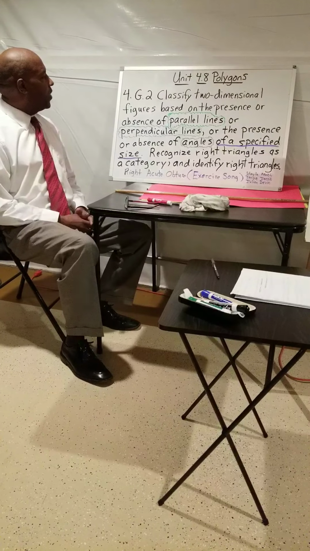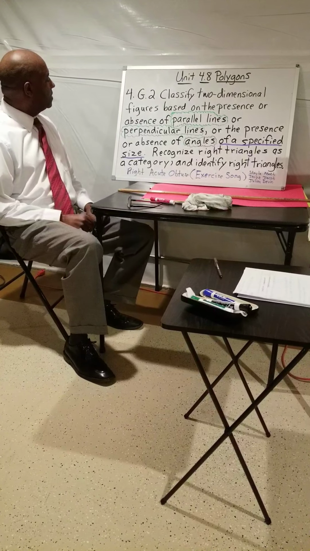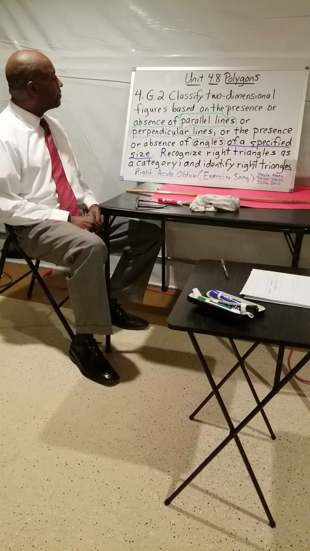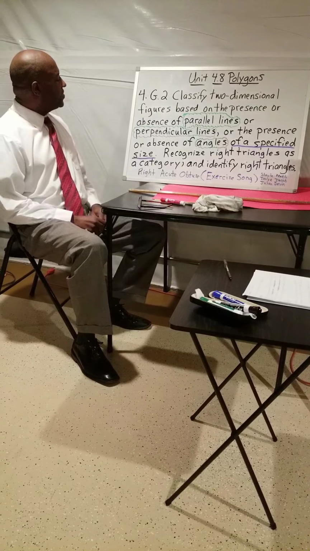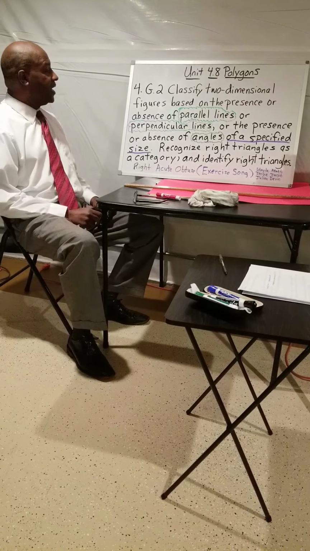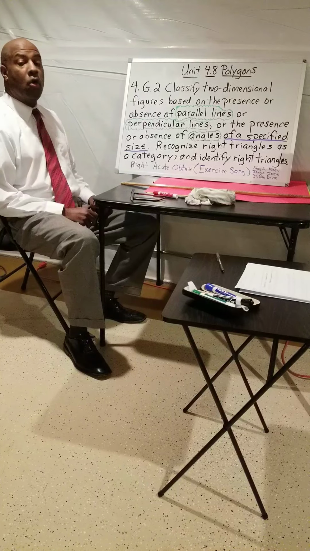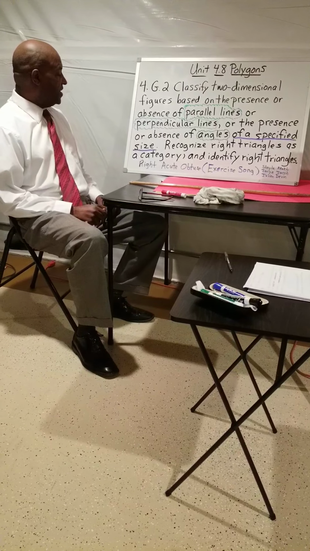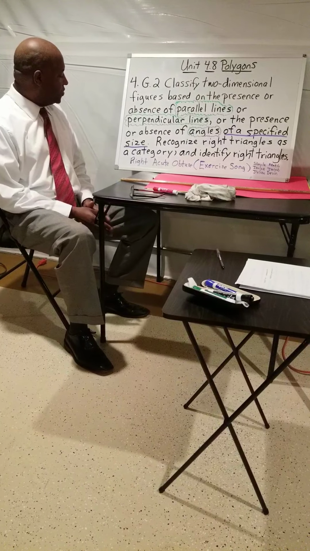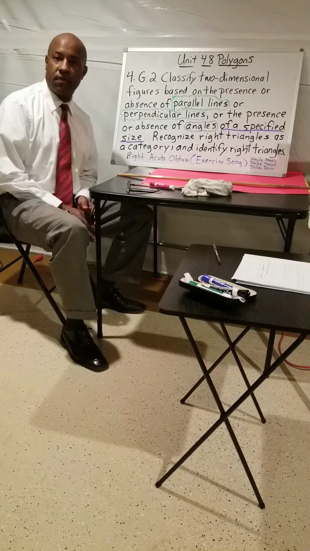So, Unit 4.8 polygons, our standard is 4.G.2: classify two-dimensional figures based on the presence or absence of parallel lines or perpendicular lines, or the presence or absence of angles of a specified size. Recognize right triangles as a category and identify right triangles.